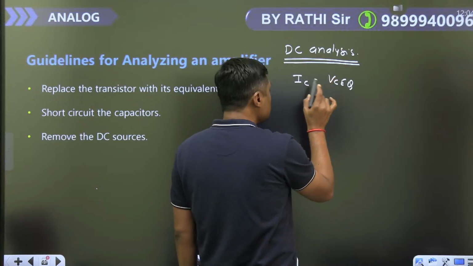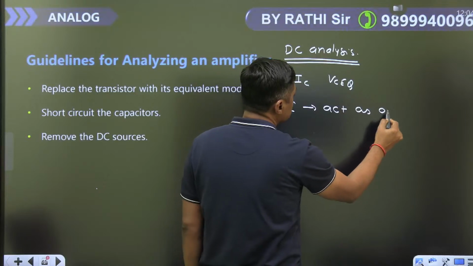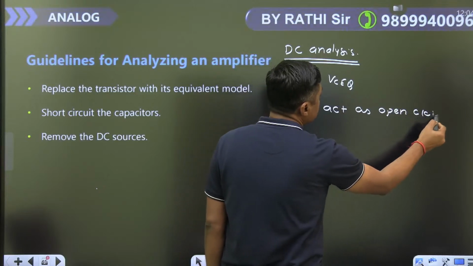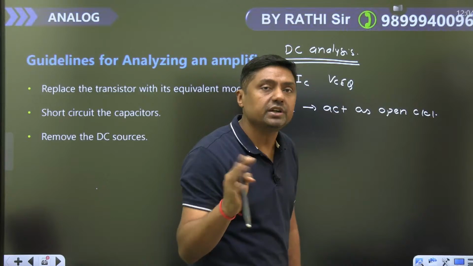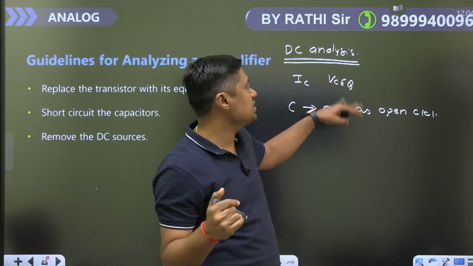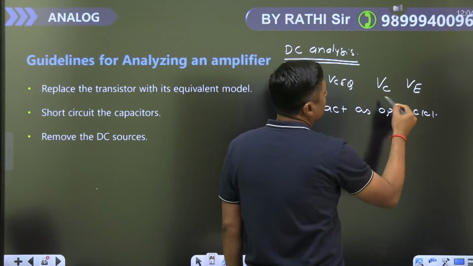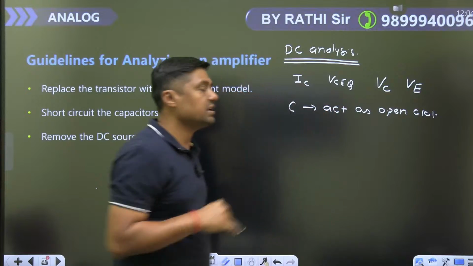During DC analysis, all capacitors act as what? Open circuit. So suppose you get some capacitor, make it open circuit during DC analysis. Apply the potential divider, find the value of IC, VCEQ, terminal voltages, VC, VB, right, and so on. This is called DC analysis.